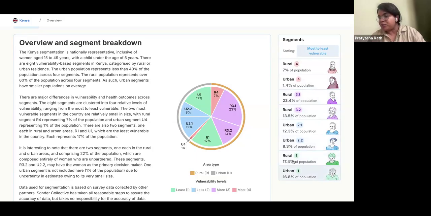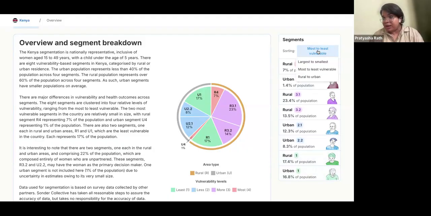And as you move down, you see the least vulnerable. This is relatively the least, right? It doesn't mean to say that they are not vulnerable in any way. They have their own barriers towards optimal health outcomes, but relatively among the 8 segments, these are the least vulnerable segments, and they are roughly about 17% of the population each.